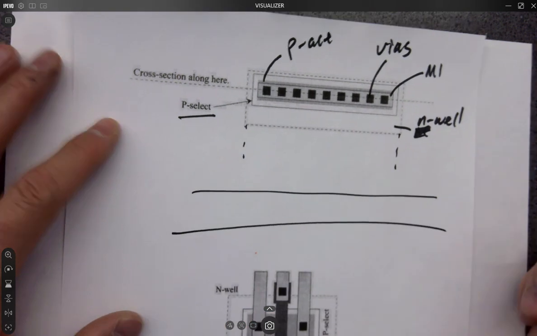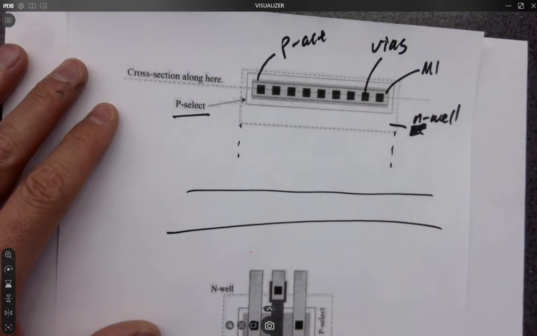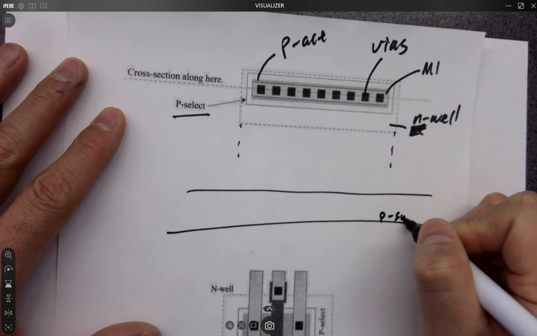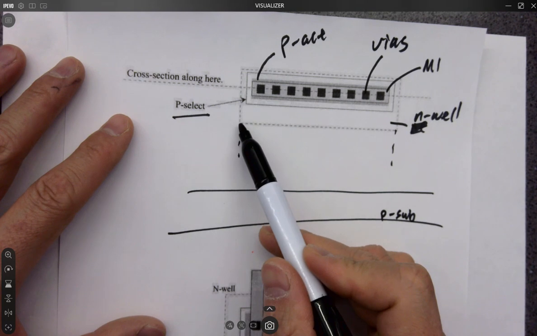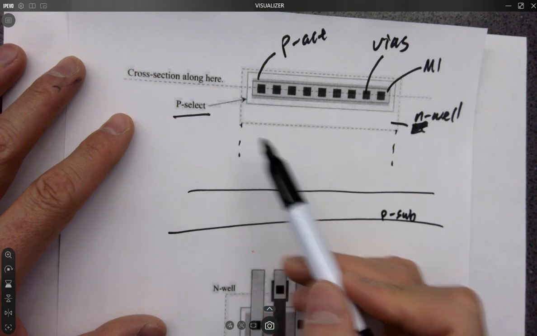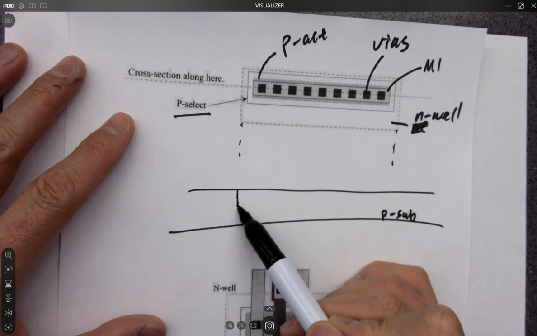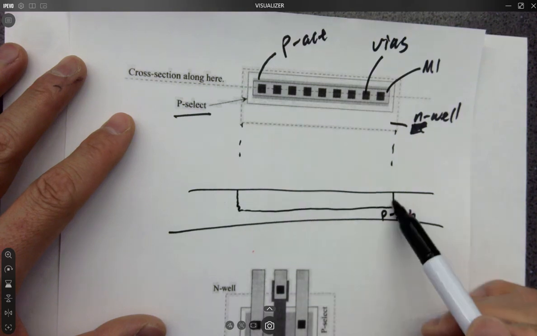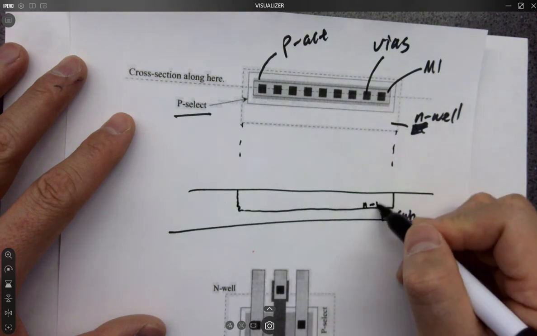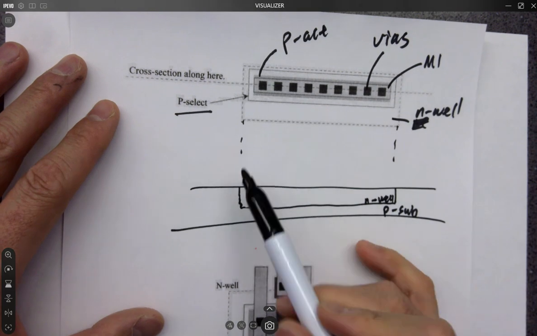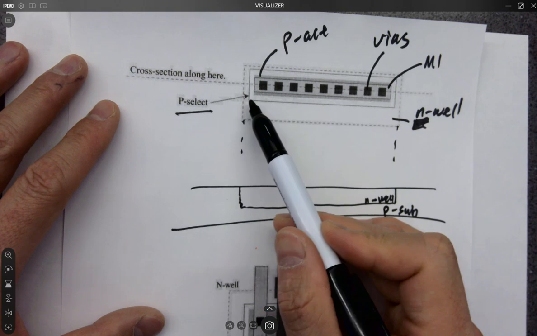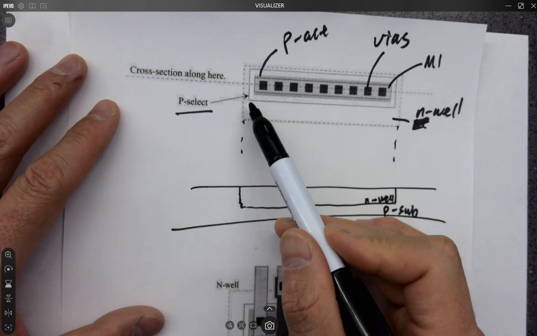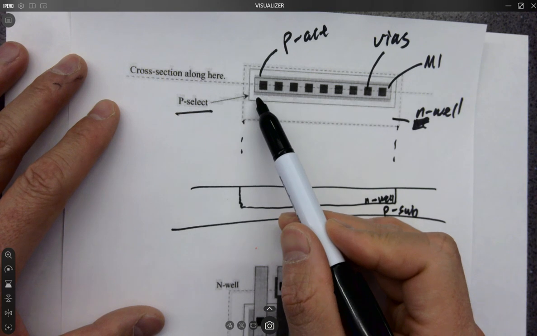Just do this. It's a P sub. Do you need to draw anything for the P select? Oh, N well first, right? N well. Probably running out of space, but let's see. And so that's the N well. Then P select. Do we need to draw anything for P select or no? No, it's just a bigger box to avoid misalignment.